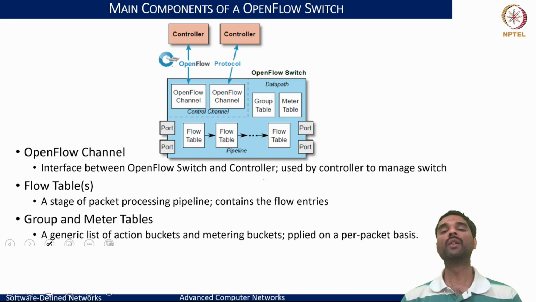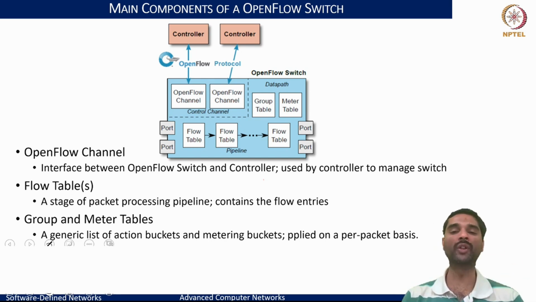Now, the key components of any OpenFlow switch include first the control channel, or the OpenFlow channel, on which the controller would establish communication with the corresponding switch device, and any communications would then happen on this channel. And as we said, this channel can be secured using TLS communication. Otherwise, it could be just bare TCP to ensure that the communication is reliable.